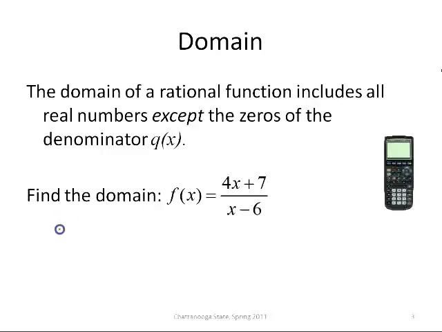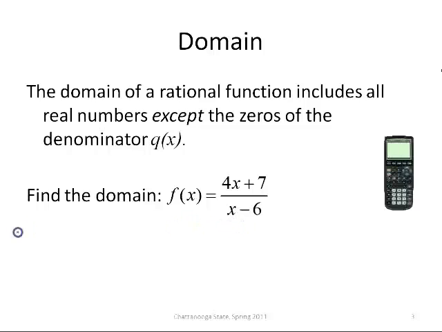When you're dealing with the domain of a rational function, because we have a denominator, we have to restrict the domain to values that will not make the denominator 0. So the domain is going to include everything except the values that make the denominator 0.